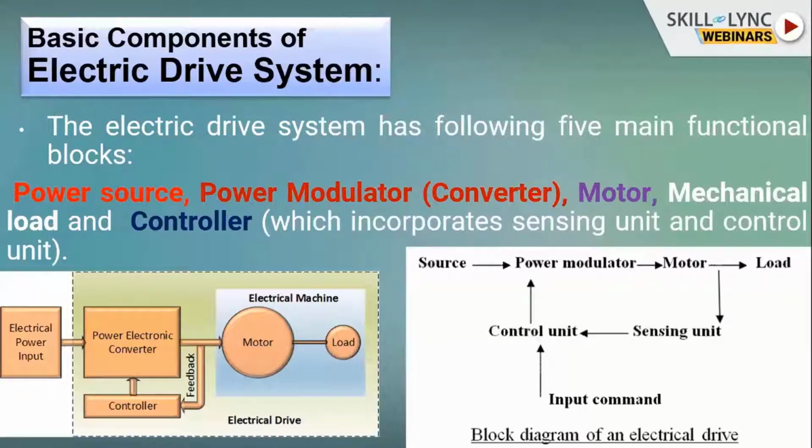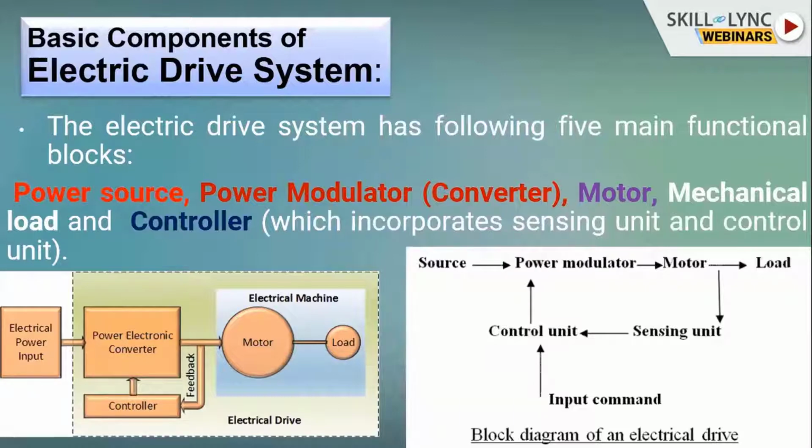For example, if you want to control a DC motor and you have an AC supply, you will require a converter which will convert AC into DC. In that case, the rectifier will come into the picture, and the power electronic converter or power modulator will be your rectifier.